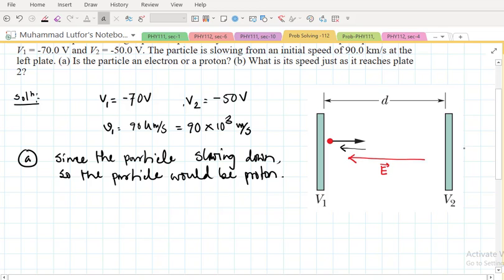Since it's moving to the higher potential, that would be the logic. If it were an electron, moving in that direction it should be accelerated. So the answer to the first question is that the charged particle is a proton.